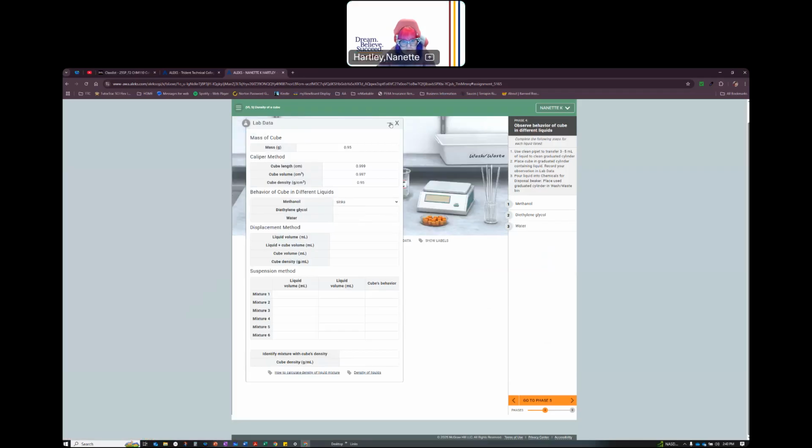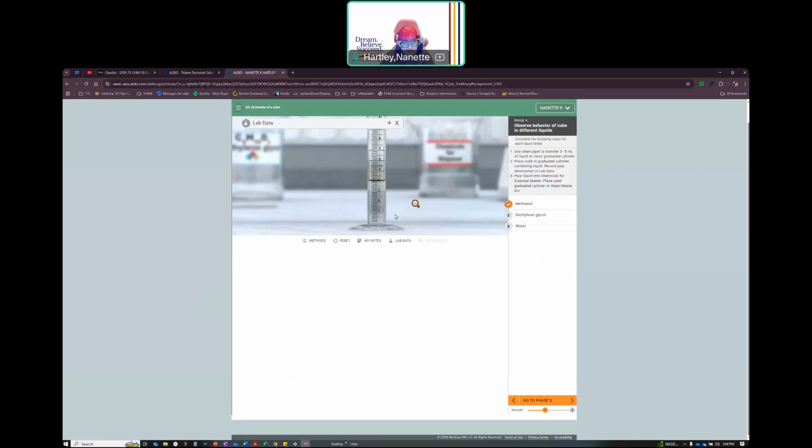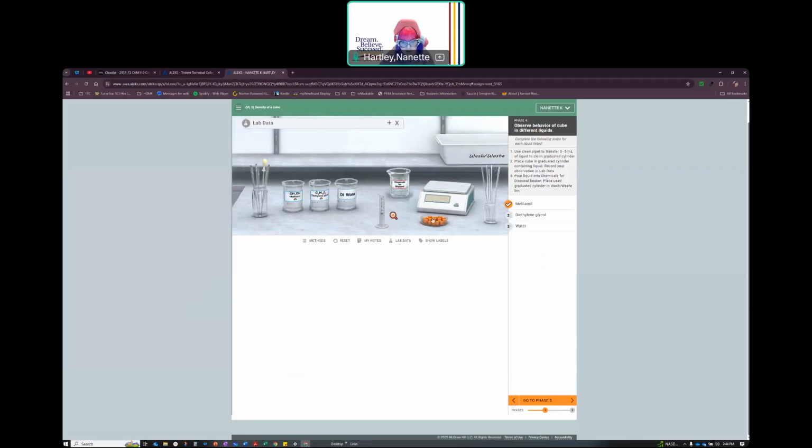I'm going to zoom out, take the chemical for disposal, put it in waste for disposal. I'm going to do the same thing with the diethylene glycol. 2, 4. Here, zoom in just to see 4 exactly.